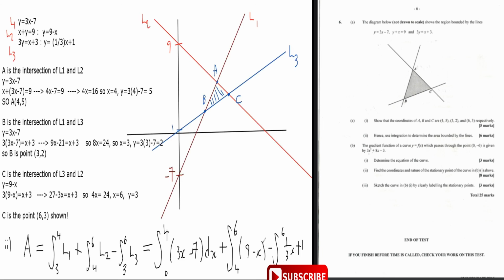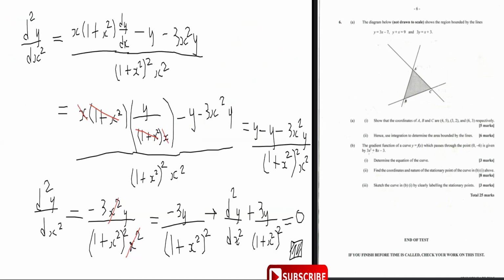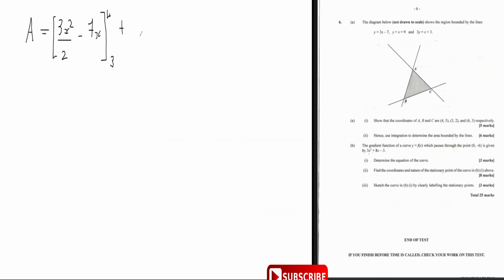When we integrated L2, we're going to get 9x minus x squared over 2. That's plus 9x minus x squared over 2. And we're integrating from 4 to 6.